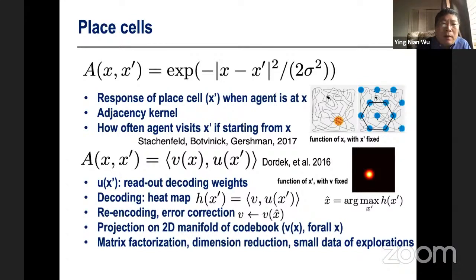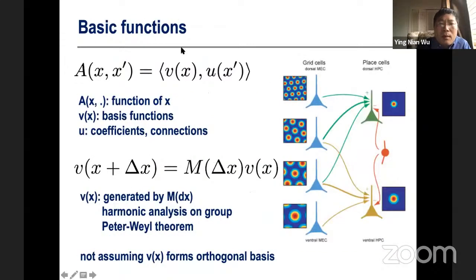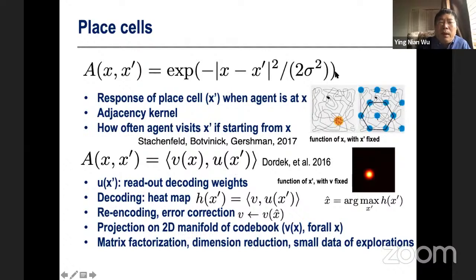Okay, now let me go back to the place cells. A place cell is in general modeled by a Gaussian kernel in the open field. If the rat is moving in the open field, here x prime indicates the position.